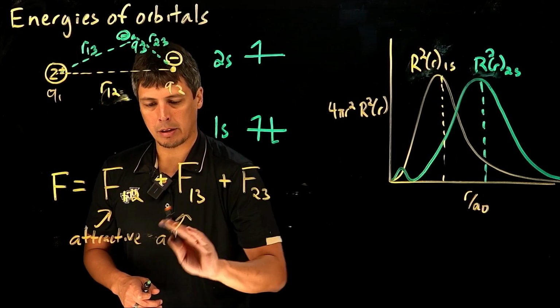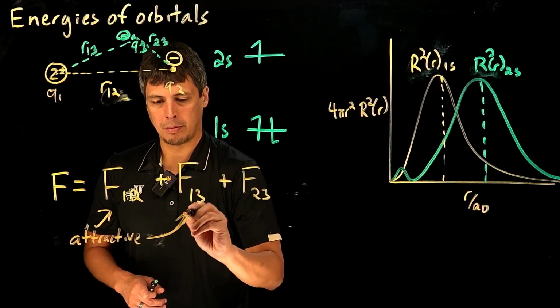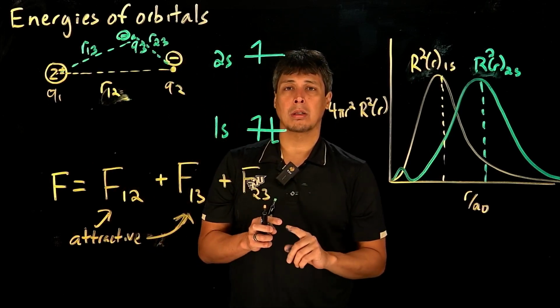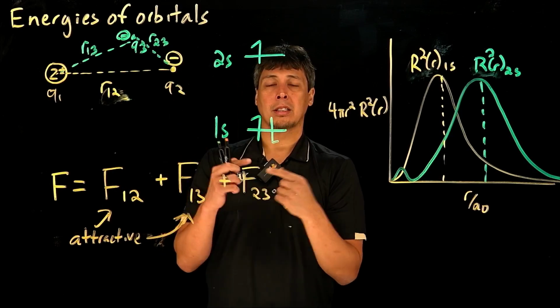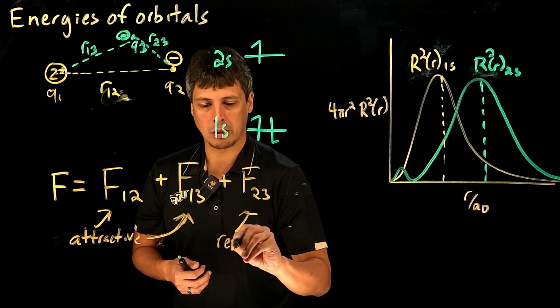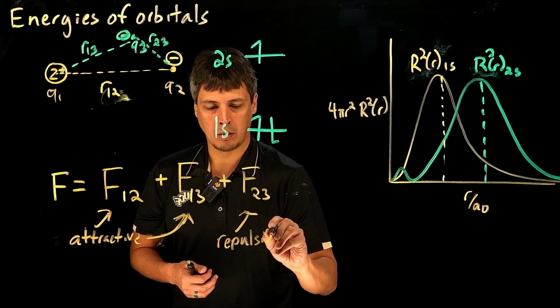However, because the two electrons are also interacting, that's going to be a repulsive force because they're two negatively charged species.